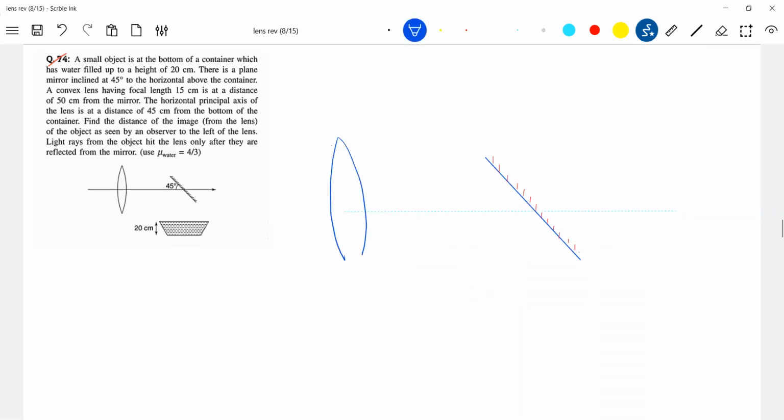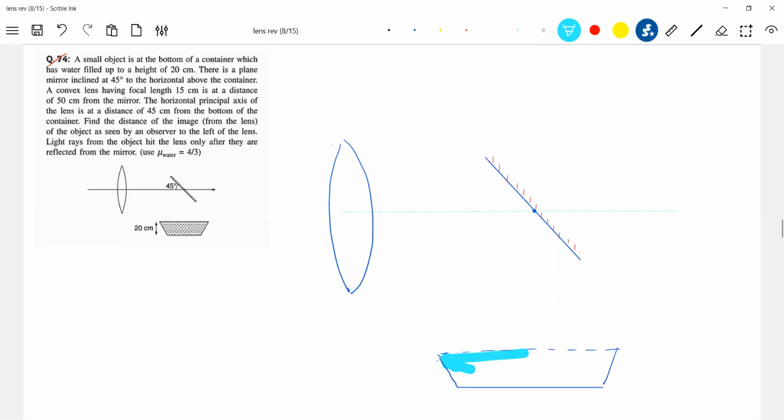We have here a lens. Below it, there's a tub. Okay, all of you read the question.